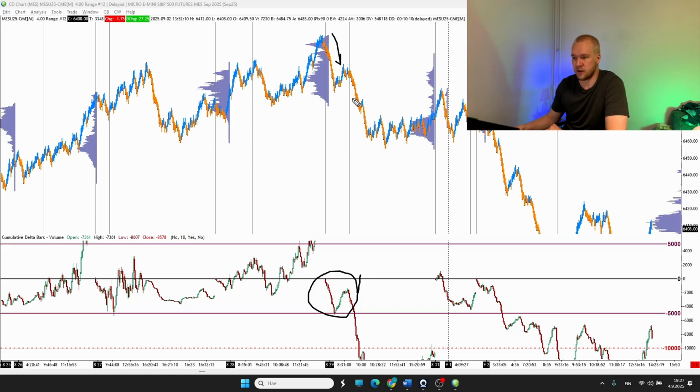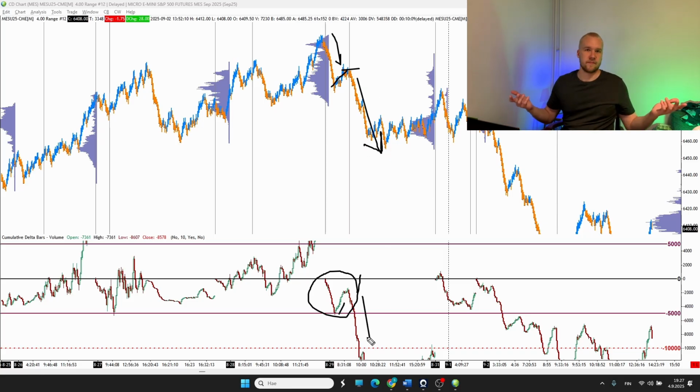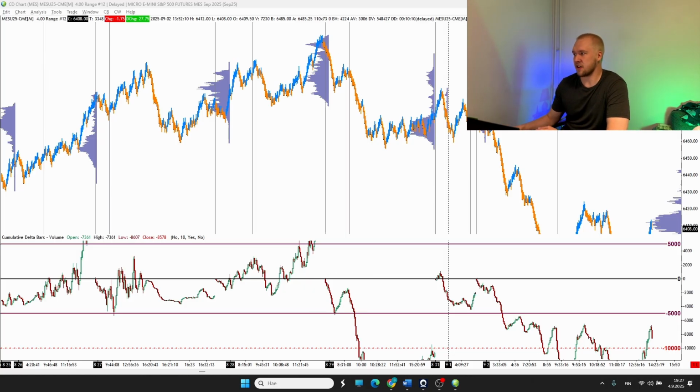Price is going down, delta goes up, price goes up. You have a selling bias, you take the short and you sell it to the bottom. Delta is strong, right? Easy peasy. Well, that's the dream, right? Every day is not that clear. But let's try to find another example.